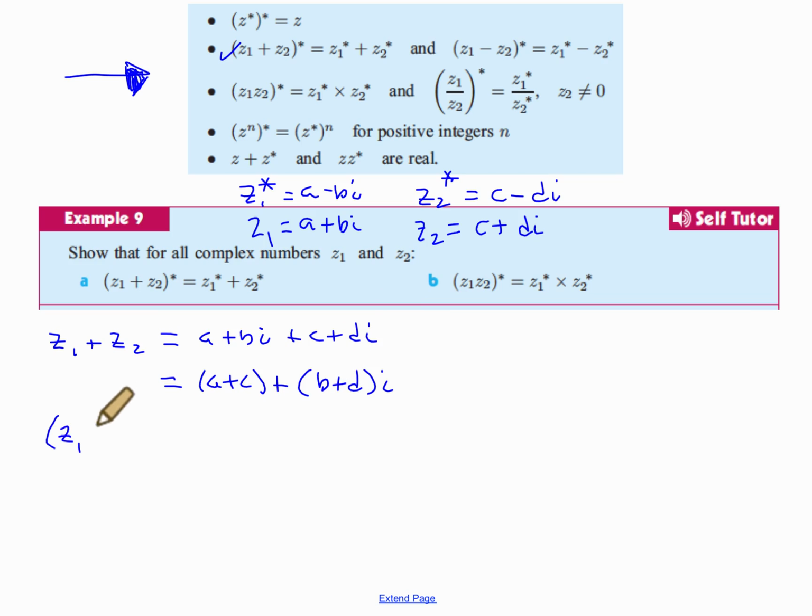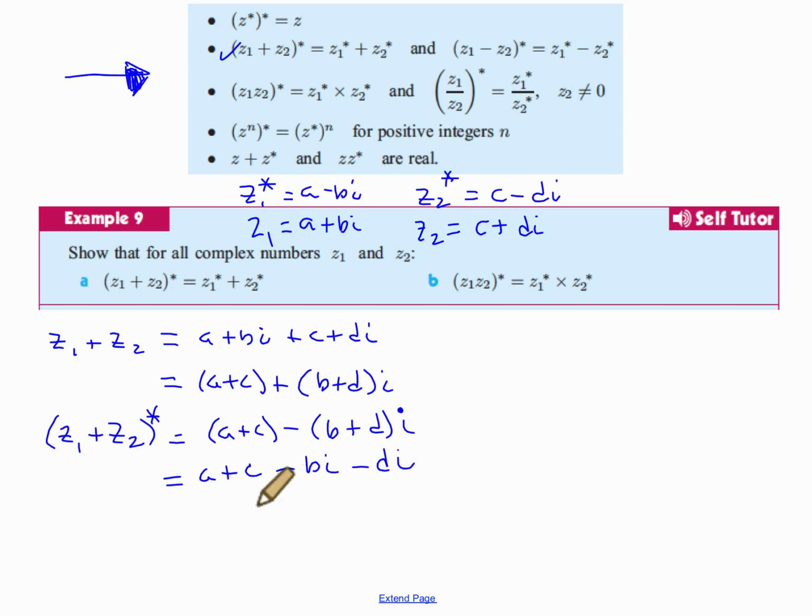So now z1 plus z2 star, which is the conjugate of the sum, would simply be the real part minus the imaginary part. And if we distribute the negative, we would get a plus c and the i minus bi minus di.